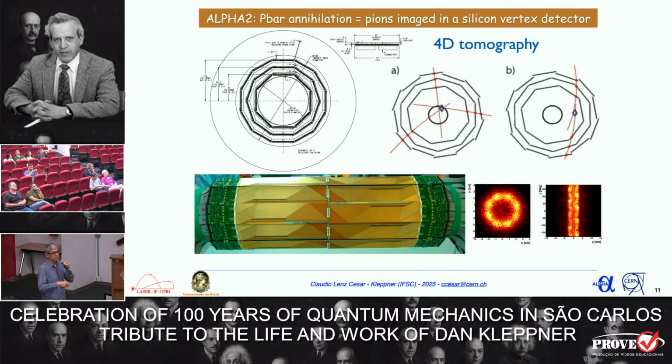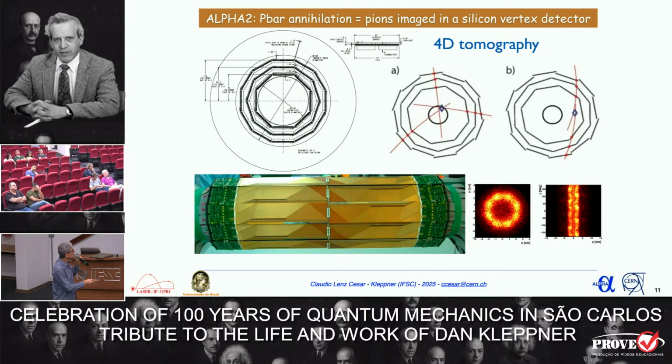And how do we detect it? The first time, we just had an annihilation detector, with silicon, and that measures the pions. So when the antiprotons annihilate with the material on the walls of our electrodes, they emit these charged pions.